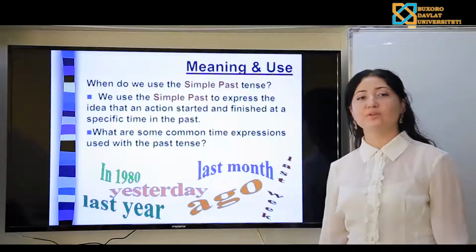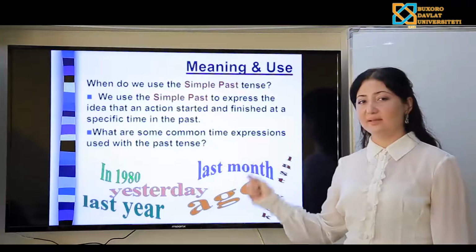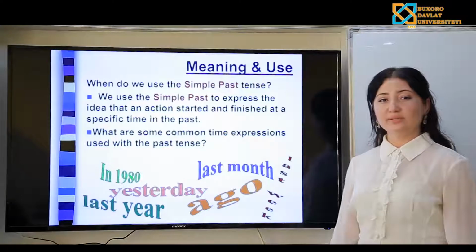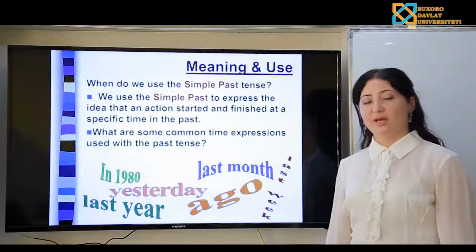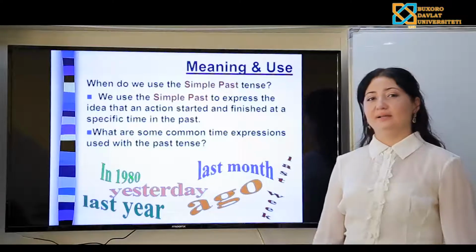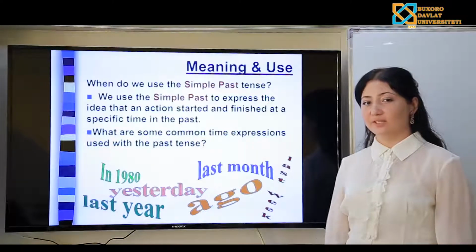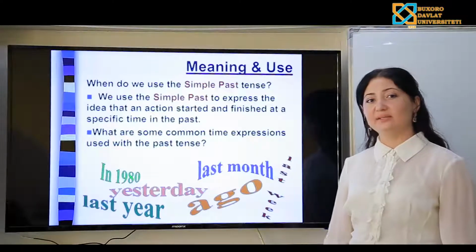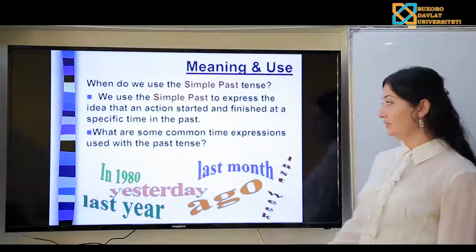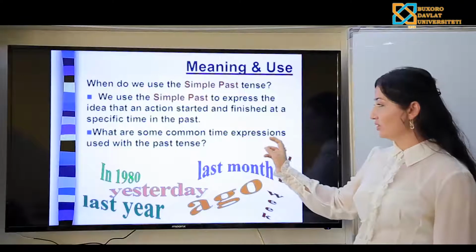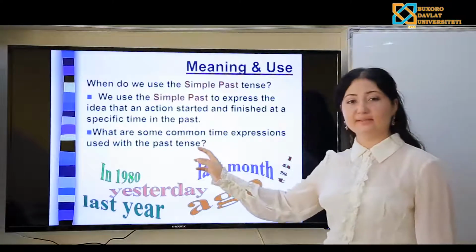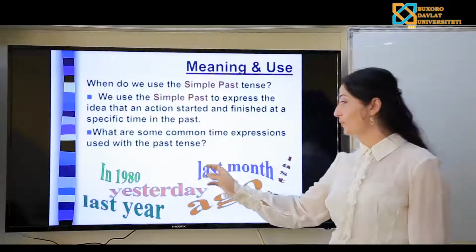When do we use the past simple tense? We use this tense to express an action or idea that started and finished at a specific time in the past. And what are some common time expressions used with the past tense?